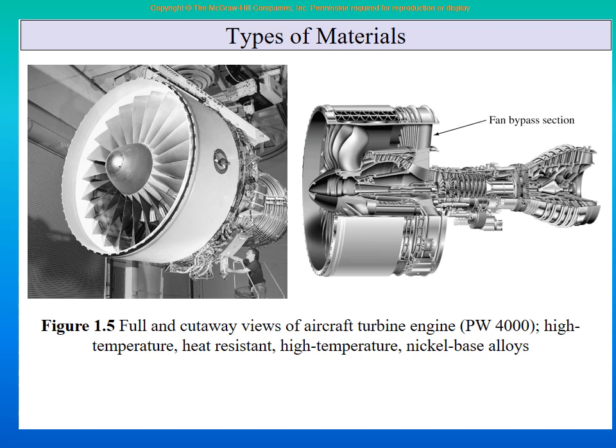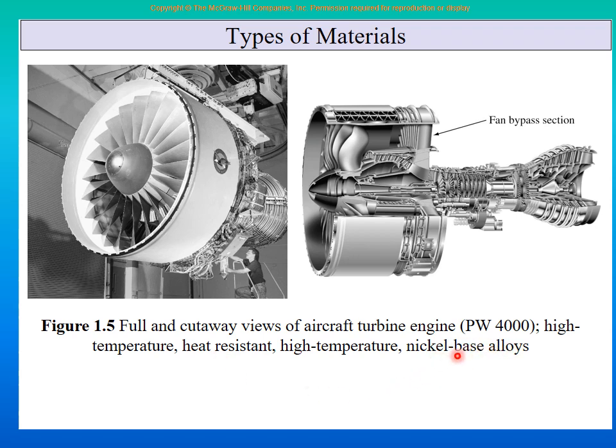If you go inside, we have an example of a big aircraft engine there, so you can have a look at it and wonder when I will be good enough as an engineer so that I can understand these things. But here we are showing you that it is an aircraft turbine engine, high temperature resistance, high heat resistance, of course, nickel base alloys, right?